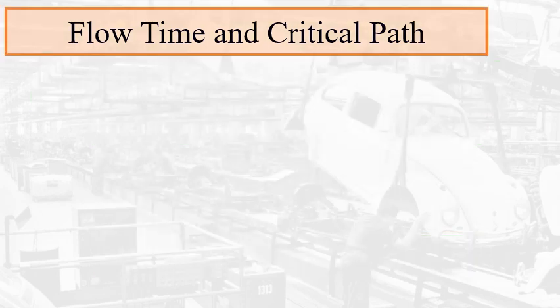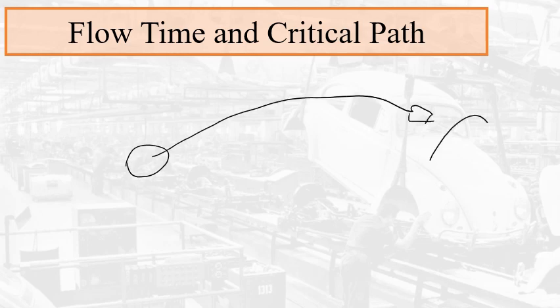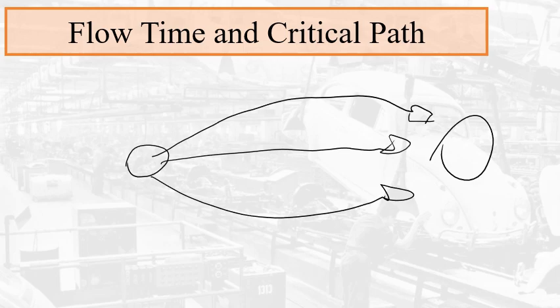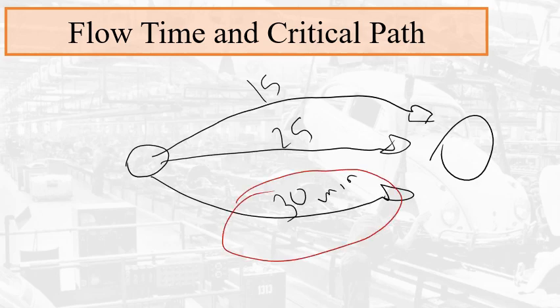So why is the critical path so important? Let's look at three different paths here. Let's say this path takes 15 minutes, this one 25 minutes, and this one 30 minutes. Now the 30-minute path is going to dictate how long the process is. So if we want to reduce the process time, that's the path we need to tackle.